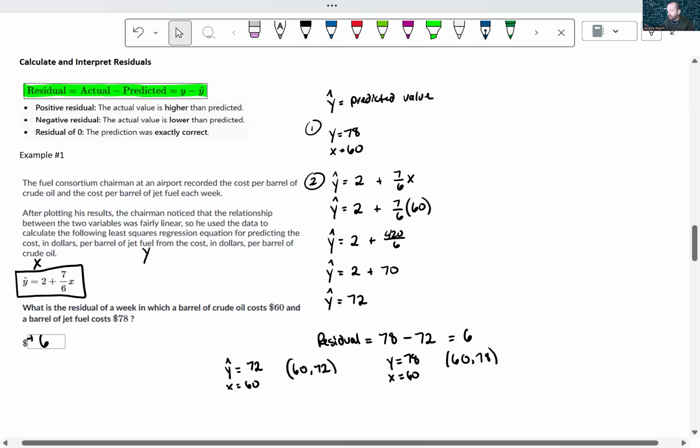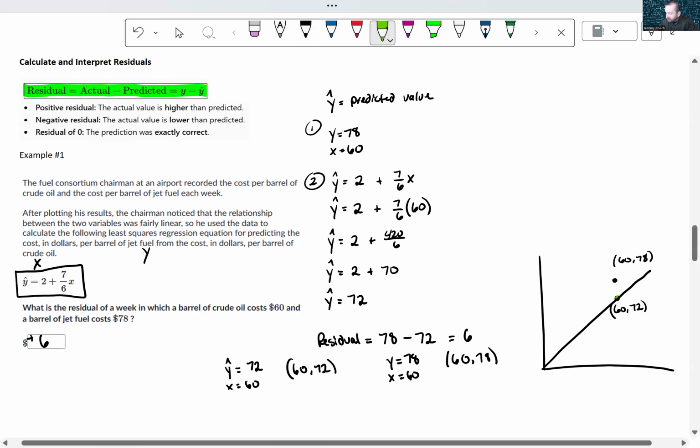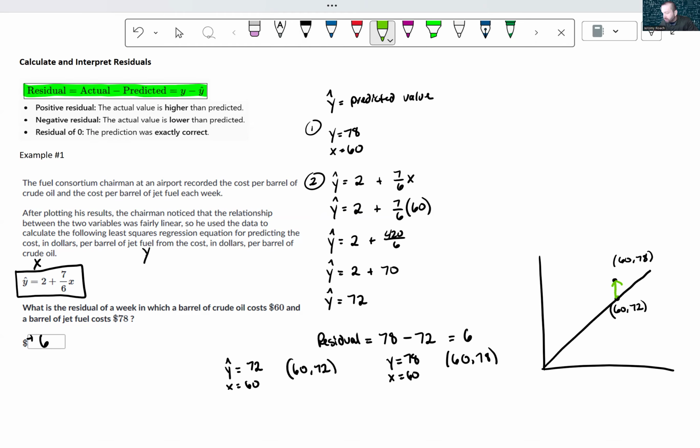Let me see if I can just do a quick sketch of that. So this is just a very quick sketch here. Our predicted value is going to be (60, 72), and our actual value is (60, 78). That's our actual data point there. So if we look at it as a residual, you might see sometimes it's drawn like this with an arrow. And so it's 6 above the predicted line, or 6 above the line of best fit, 6 units above.